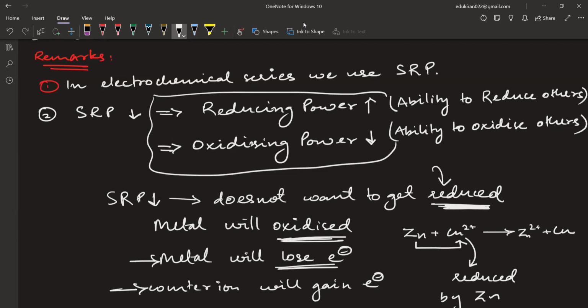No. That means zinc has the ability to reduce others, a very high reducing power. It is a very good reducing agent. That is why the SRP of zinc will be lower and its reducing power will be higher. Got it?